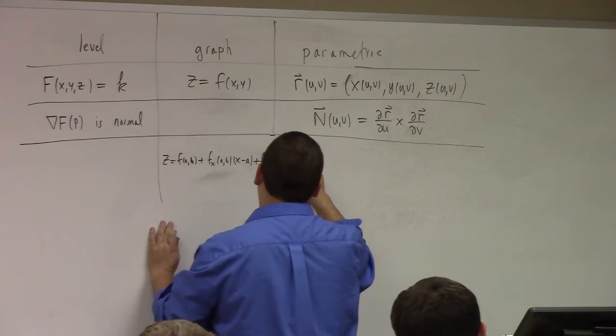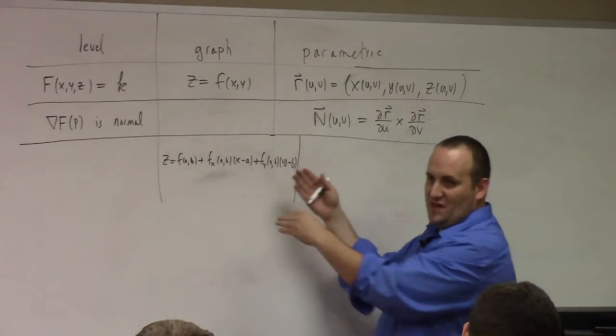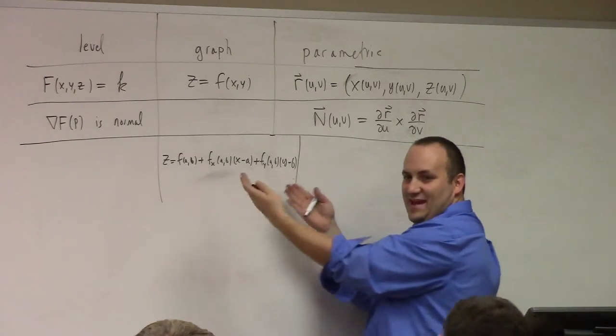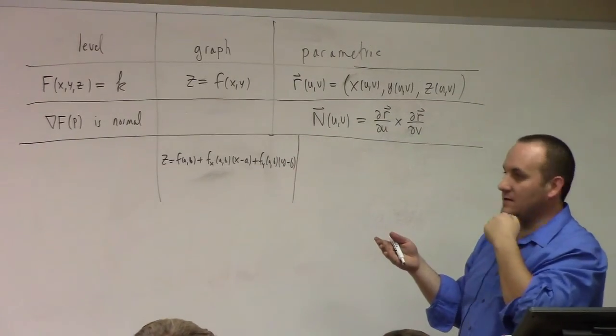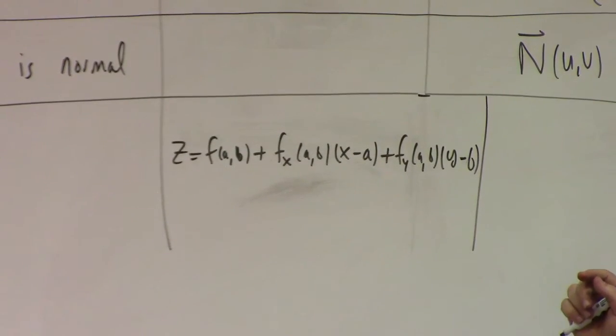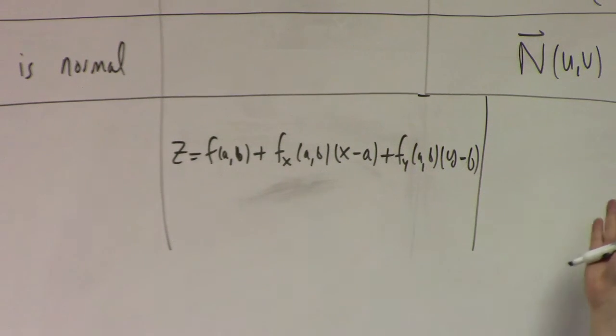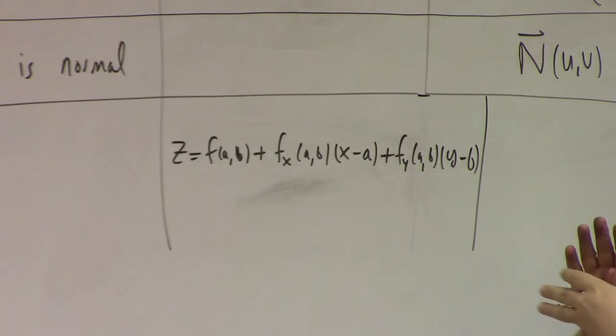Sorry, I don't know if the camera's going to be able to pick up on this. I'm writing the equation of the tangent plane that we had last time. If you look at this, what's the normal for the graph? It kind of depends on how you want to look at it. You could subtract z to the other side, or subtract the f_x and f_y terms.